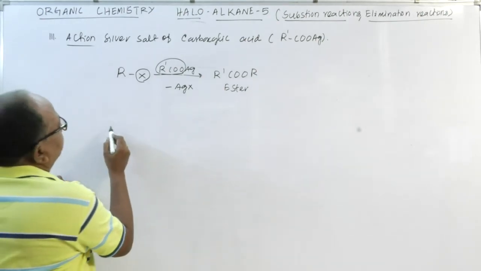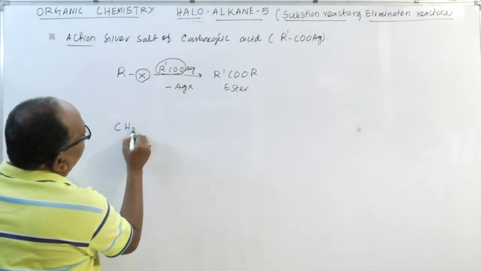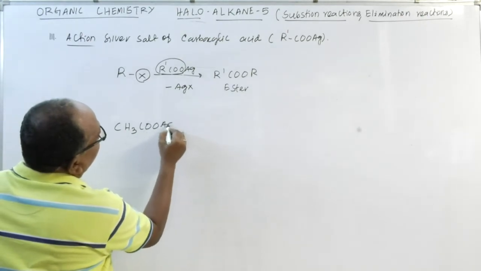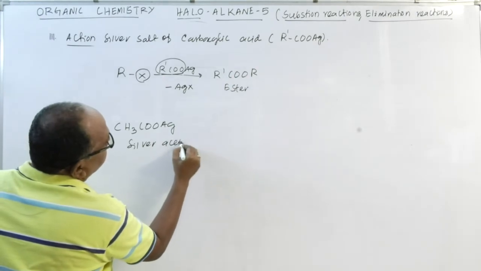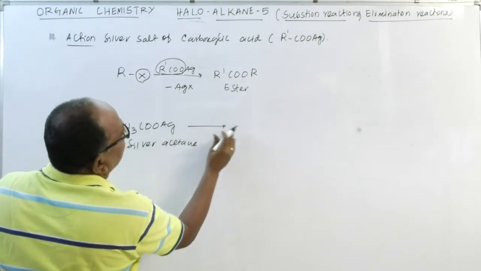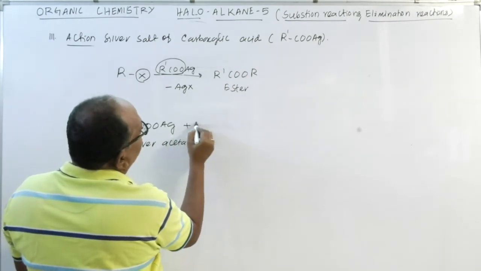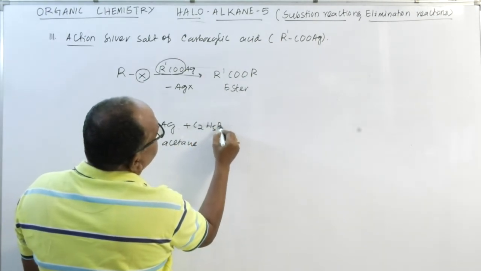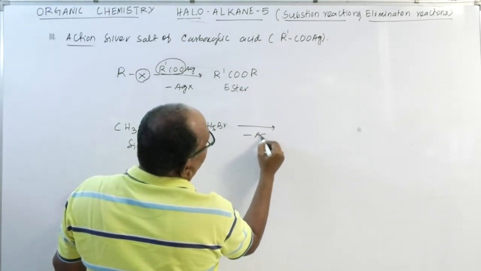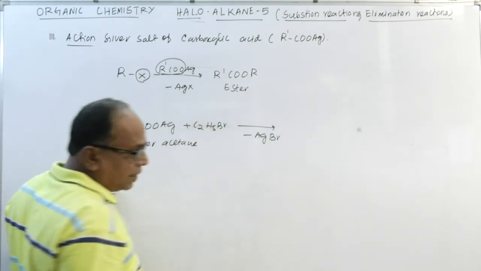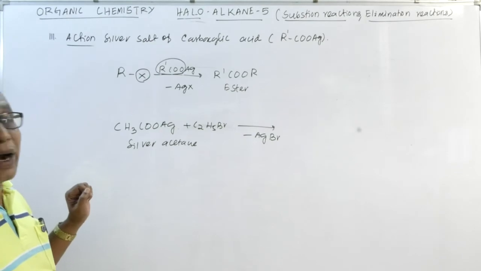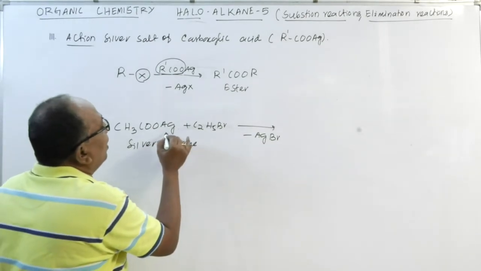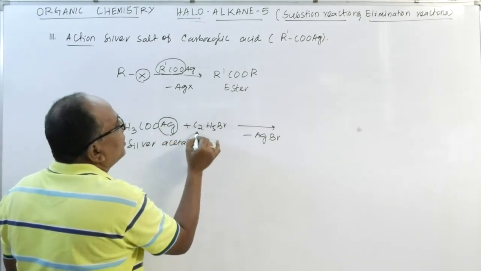Suppose you take silver acetate that reacts with ethyl bromide, it loses molecular AgBr. What product do we get? This one is replaced by this one.